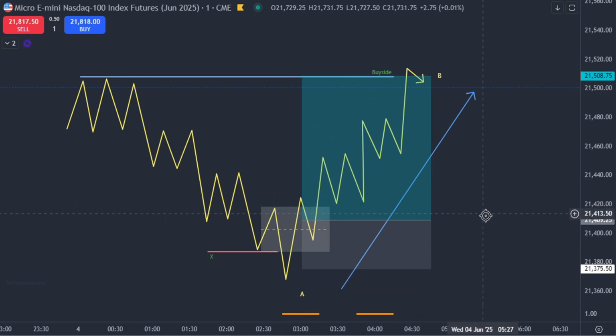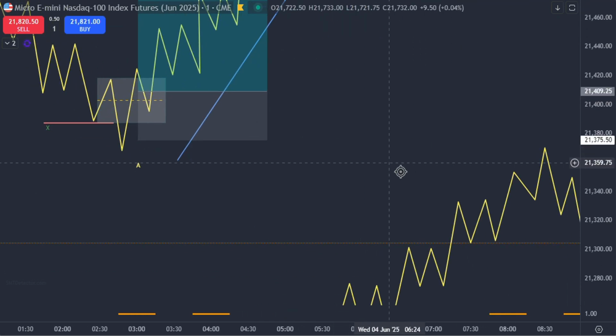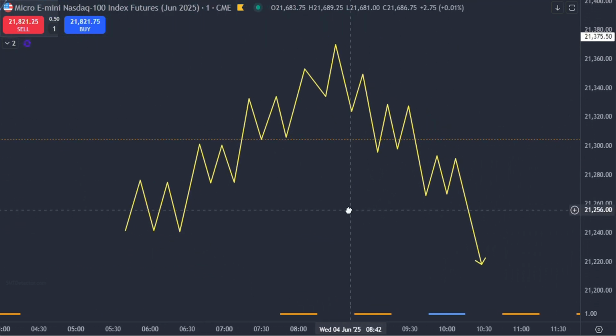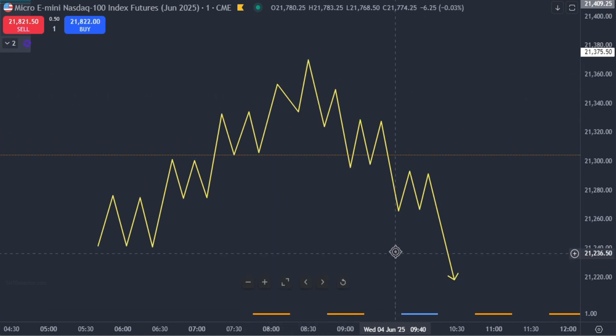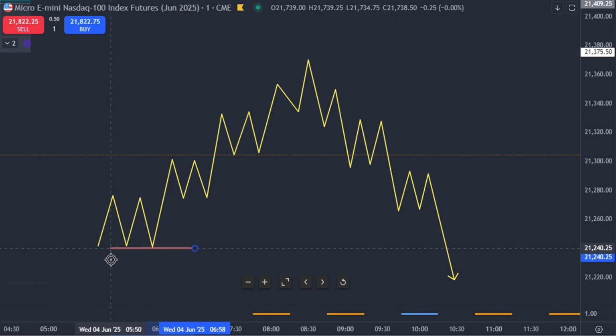Now, for market maker sell models, it's the same thing. It's just the opposite. You're looking for a down move. So we're looking at the 1 minute chart, and this is the hourly low.